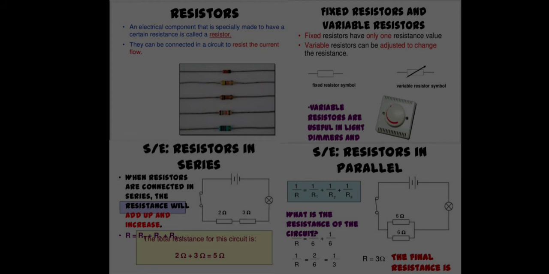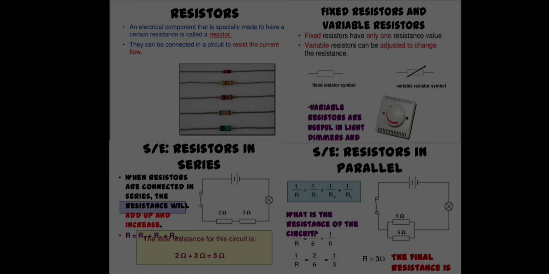Now resistors are also connected in circuit diagrams, we know that. There are two ways to connect these resistors: one is series and another is parallel. When resistors are connected in series, the resistance will add up and increase.